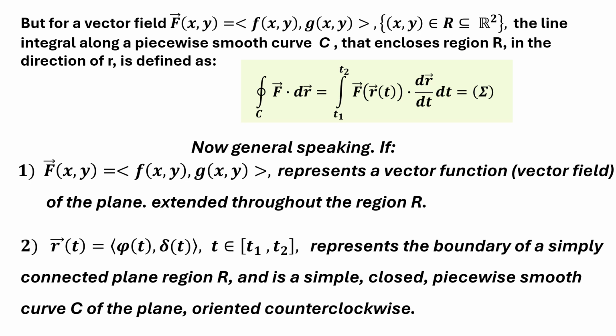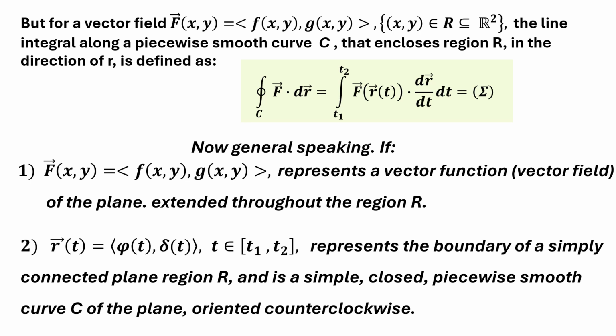The line integral of the dot product of a vector field F with the differential of a parameterization r of curve C, over the curve C, equals the integral with respect to t, over the domain t1, t2, of the product of F of r of t with the derivative of r. r of t, defined on the domain t1, t2, is a regular parameterization, that is, the magnitude of the derivative of r with respect to t is not zero in the above domain.